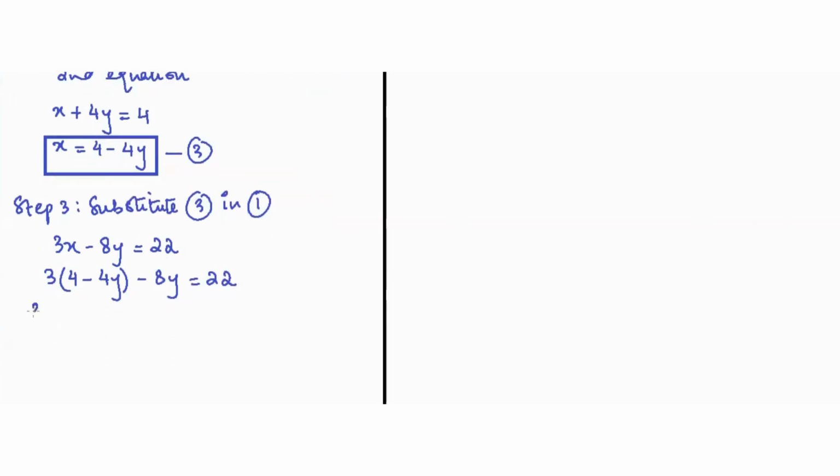So now expand the bracket. 3 times 4 minus 3 times 4y minus 8y equals 22. That's going to be 12 minus 12y minus 8y equals 22. Combine the like terms.